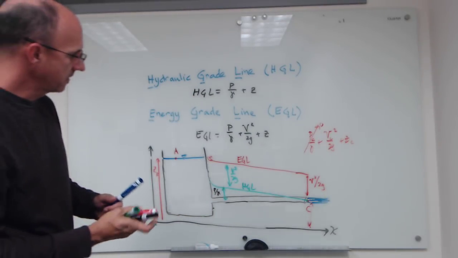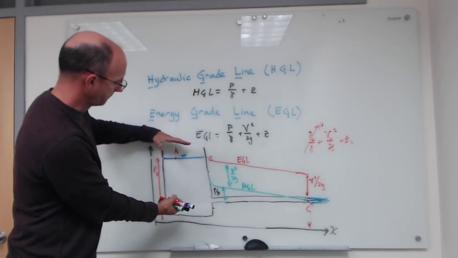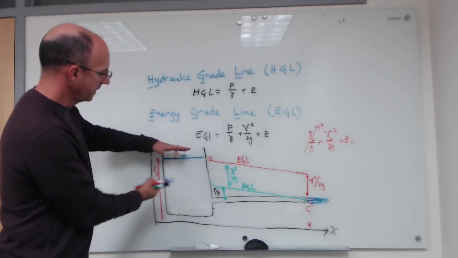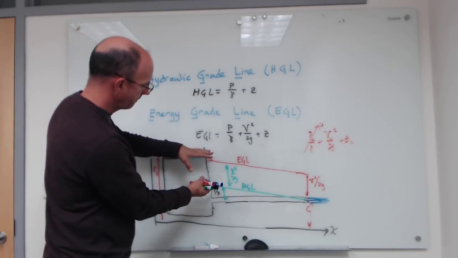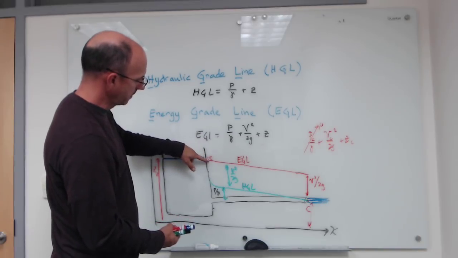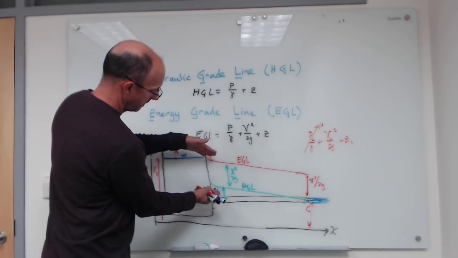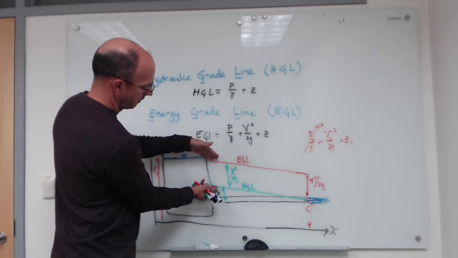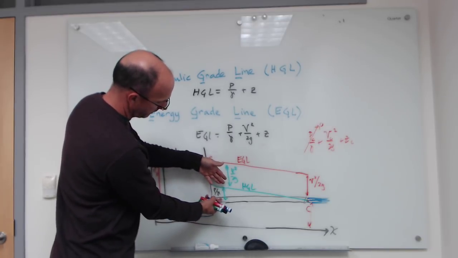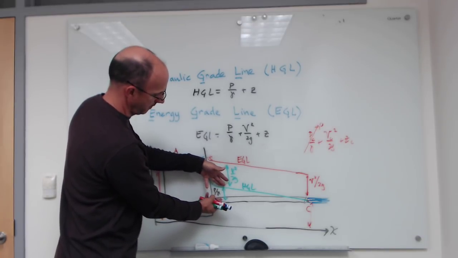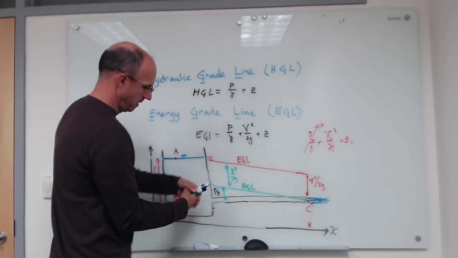So what's happening in the system, we have a tank of liquid. All the energy is in the height. As soon as the flow goes into this pipeline, you lose a little bit of total energy. And then a lot of the energy goes into kinetic energy. So this big distance here represents the kinetic energy. There's just enough energy left over to maintain some positive pressure here. So that's P over gamma.